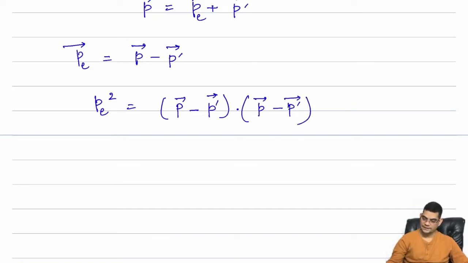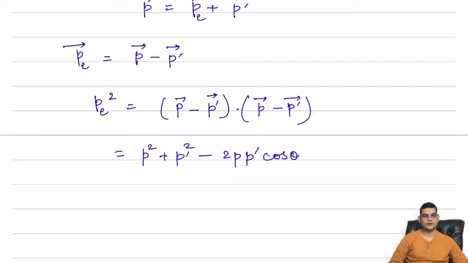And that can be written as P square plus P dash square minus 2 P P dash cos theta, where theta is the angle between P and P dash.